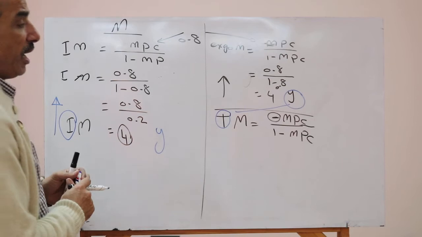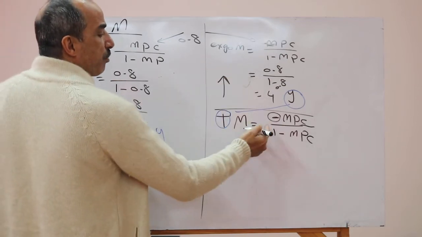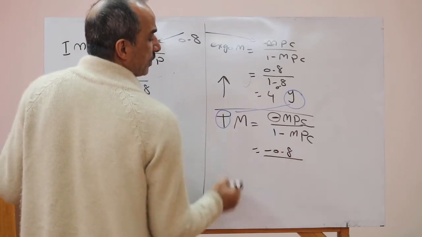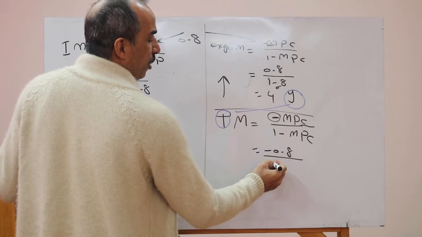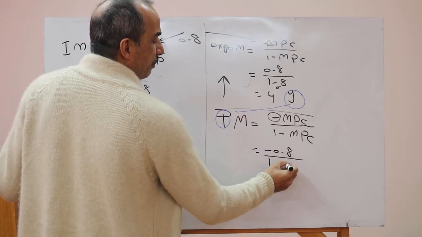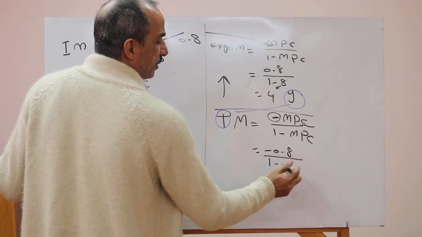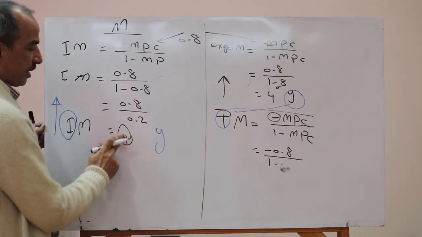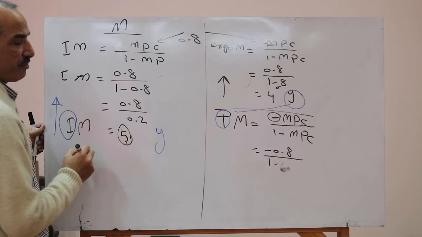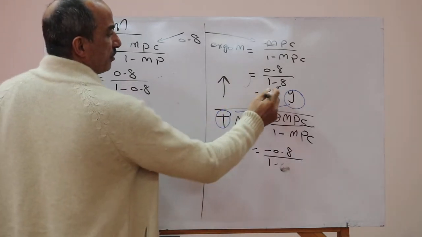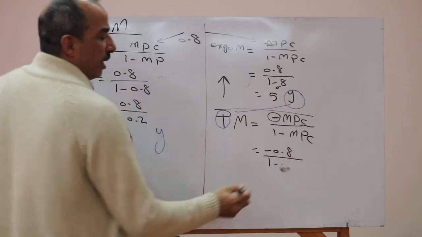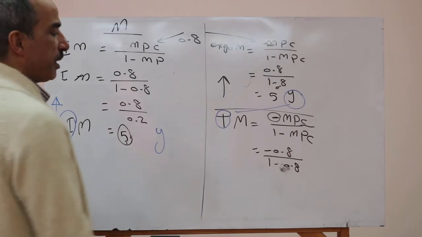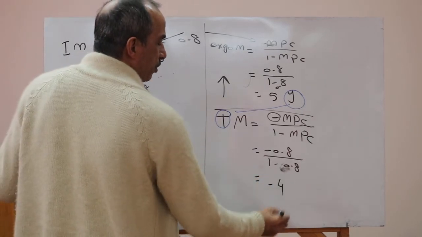Okay, once MPC equals 0.8, the taxes multiplier equals minus 0.8 out of 1 minus 0.8, which is minus 0.8 out of 0.2. This equals minus 4.